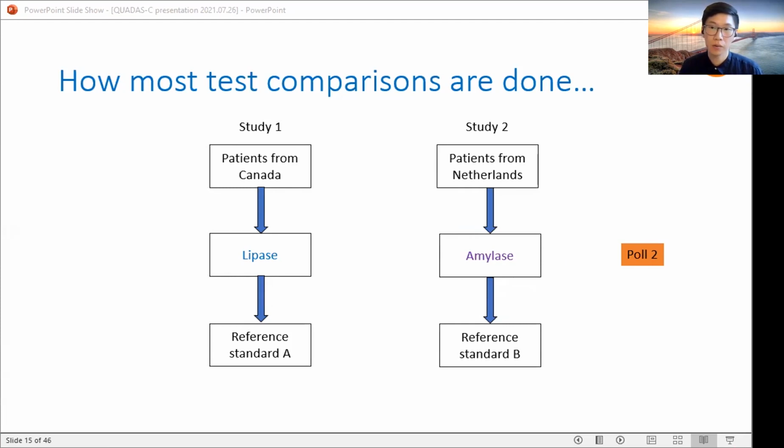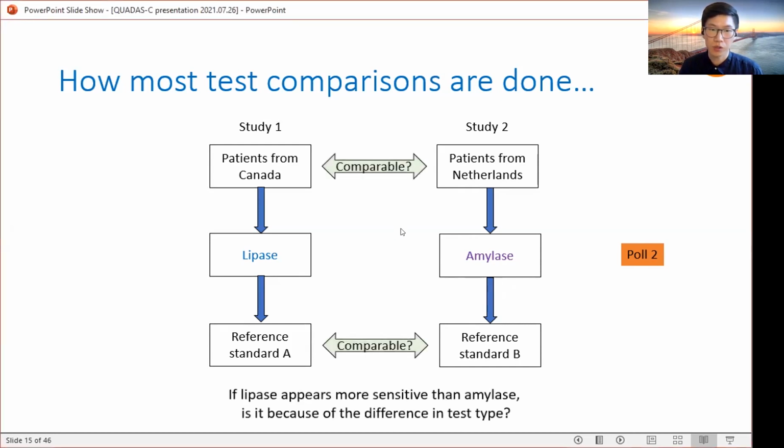Indeed, the problem here is, if we observe that lipase is a more sensitive test than amylase, can we say that this is because of the difference in test type? Or is there another factor responsible for the difference? For example, the type of patient population, a different reference standard, or maybe even differences in how the studies are designed, so risk of bias can also be a factor here.